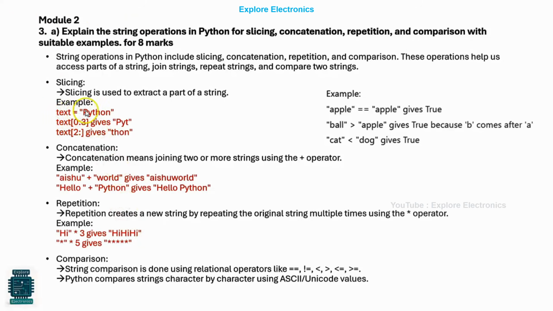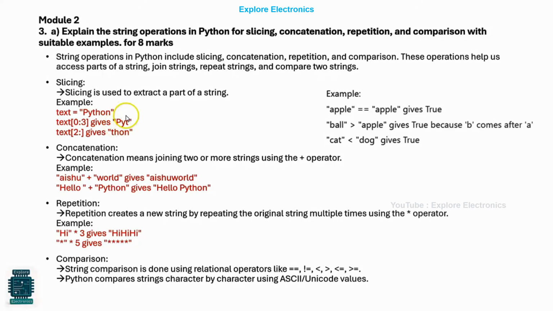Here text is equal to Python. This is a string I have taken. Text[0:3] I have taken. 0 to 3 means P is 0, Y is 1 and T is 2. 0 to 3 means I have to take 0, 1, 2. I should not take the third index.